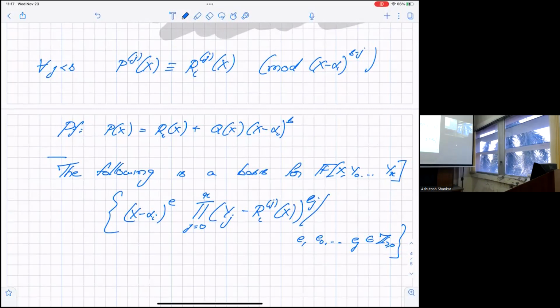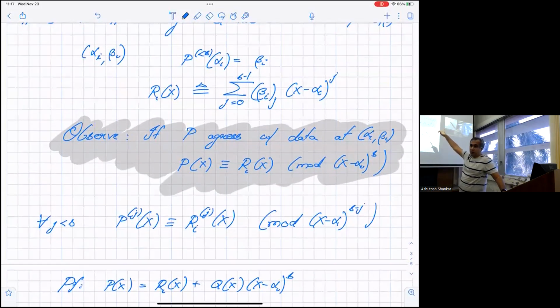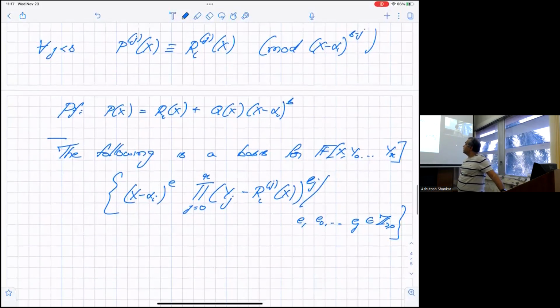And is it clear that it's a basis? R_ij is exactly the thing I defined here. So R_i is this derivative polynomial, and R_ij is the jth derivative of R_i. It doesn't matter what R_ij is for this.